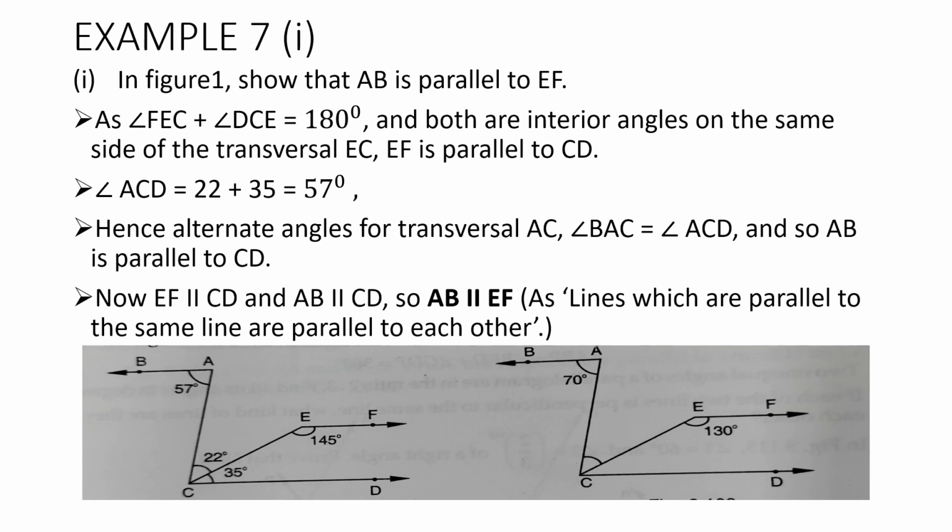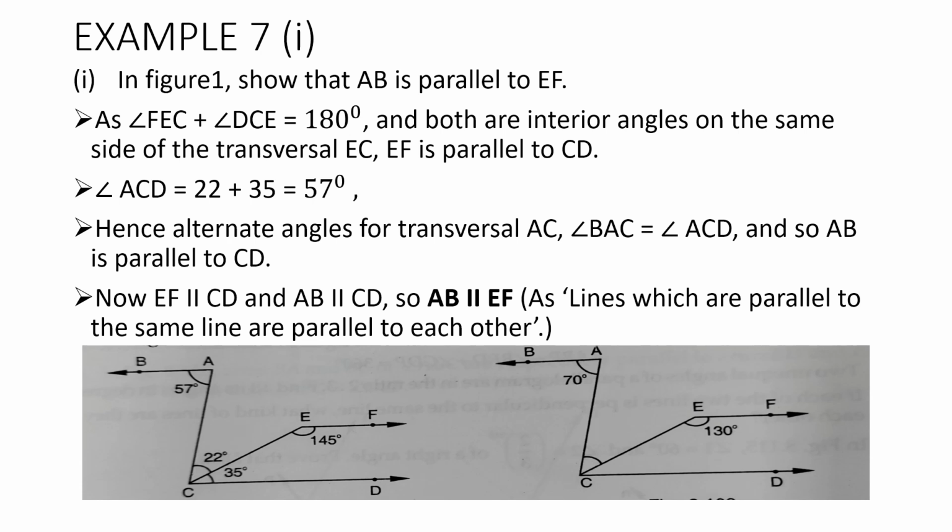Angle ACD total measure is 22 degrees plus 35 degrees, which is 57 degrees. Again over here, angle ACD and angle BAC have the same measure, and since they are alternate angles for the transversal AC, you can say that AB is parallel to CD.